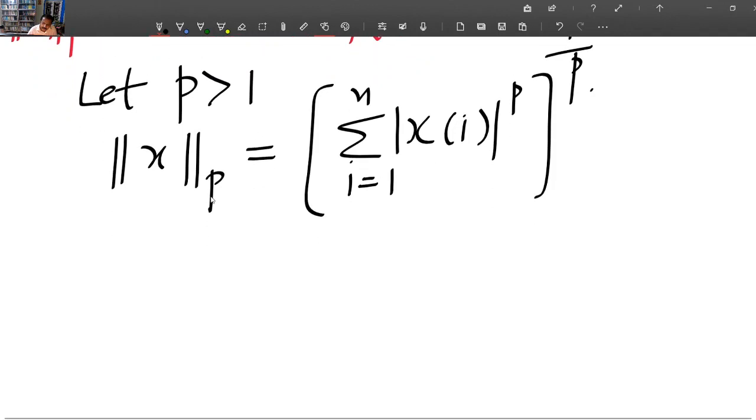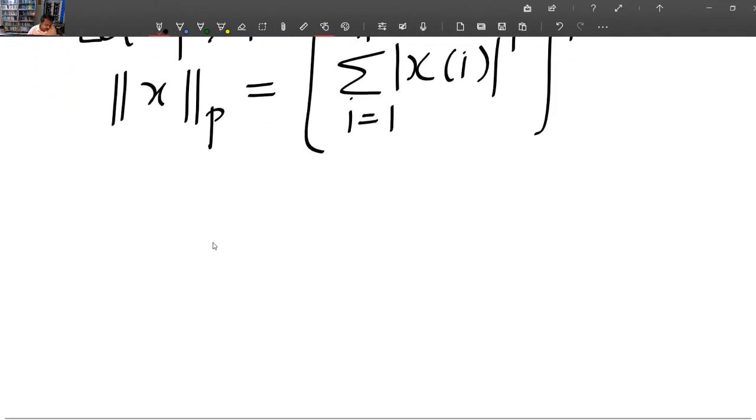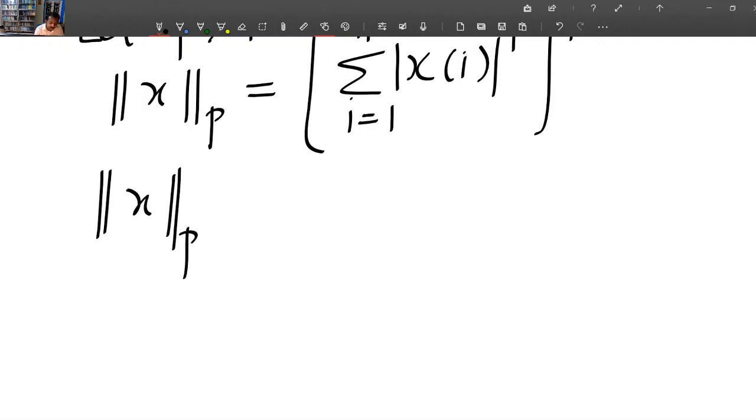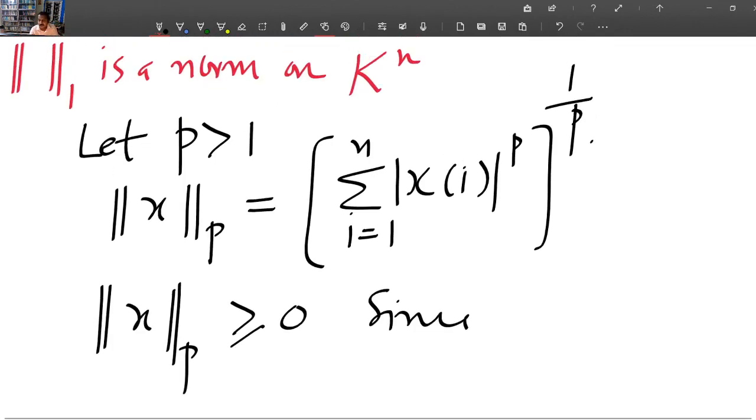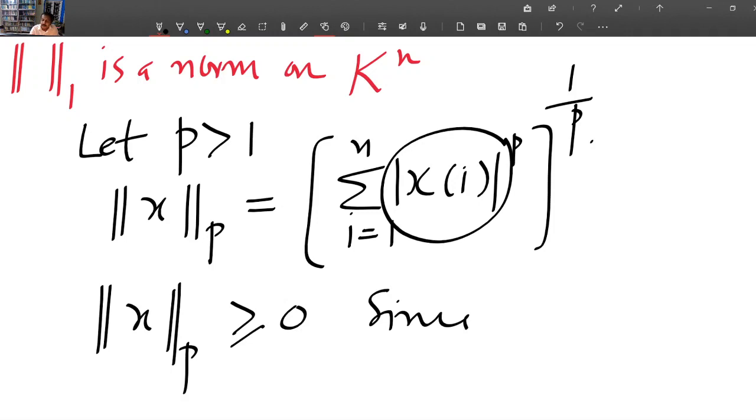Now you have to show that it is always non-negative. So we have the p norm of x. P norm of x is greater than or equal to 0, since each term of this sum is positive, raised to the power p is positive, and the whole sum raised to 1 by p is positive.